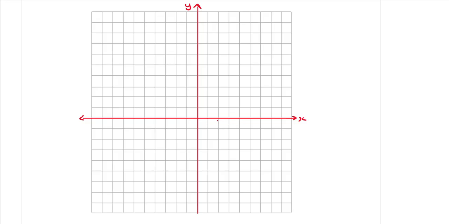I'm going to space it out a little bit more. I'm going to go every second space just to make it not quite so squished. So every second line, I'm going up by 1s across the x-axis. On the vertical axis, though, I'm going to have to stick to going up by 1s to make it fit. And I'm going to need some -1s as well.